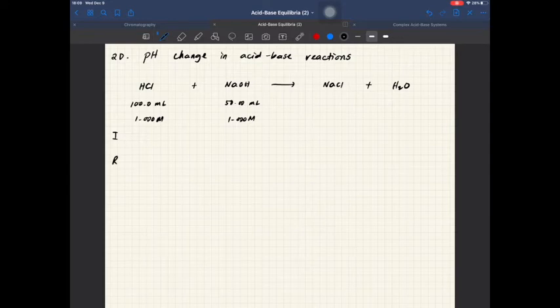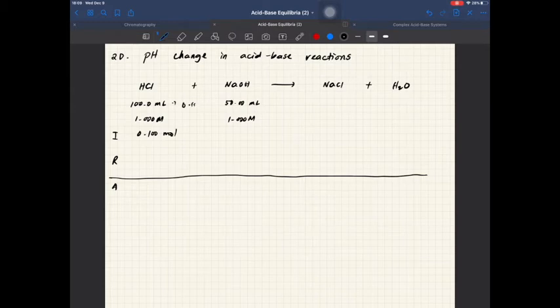We can calculate the pH change by determining the concentration after the reaction. We have 0.1 moles here because this one is 0.1 liters, and 1 liter times 1 mole per liter is 0.1 moles, whereas this one is 0.05 moles. Sodium hydroxide is the limiting reagent, so it is the one that is exhausted first.